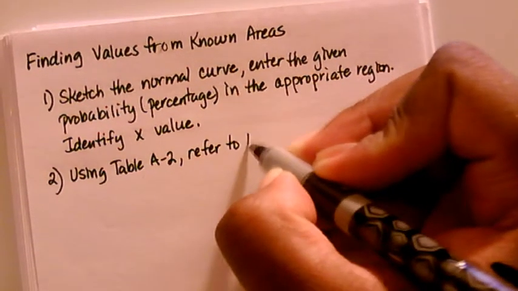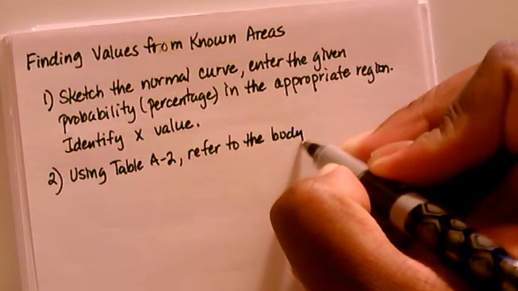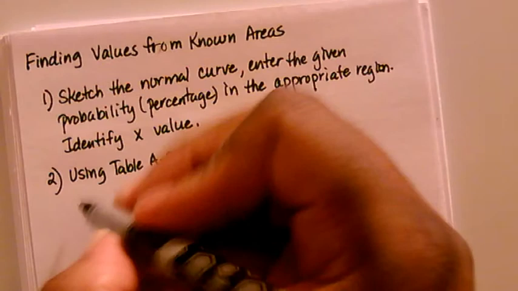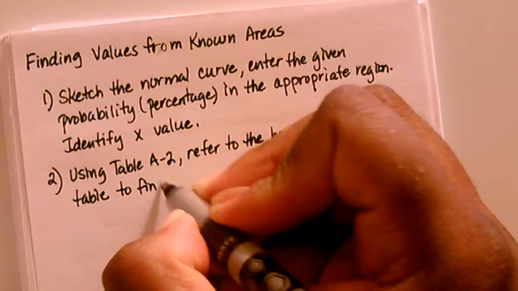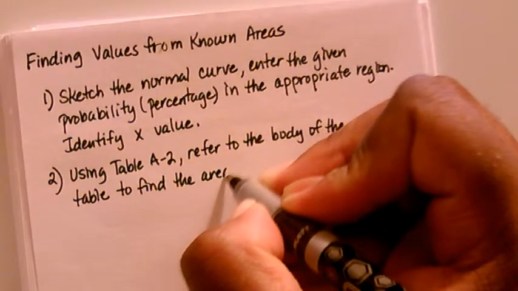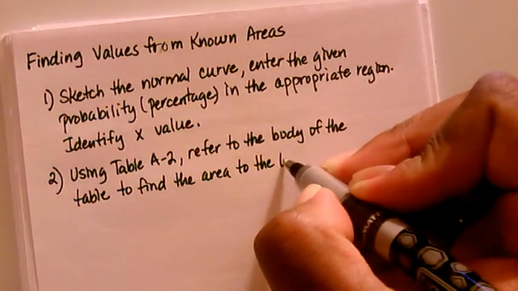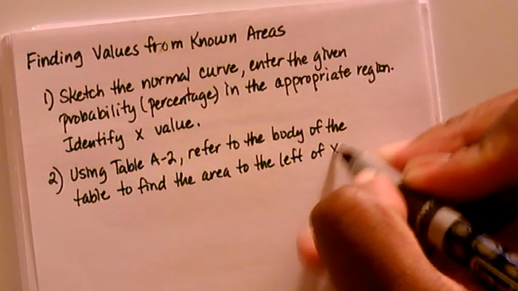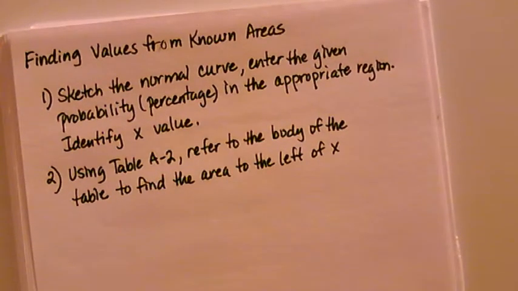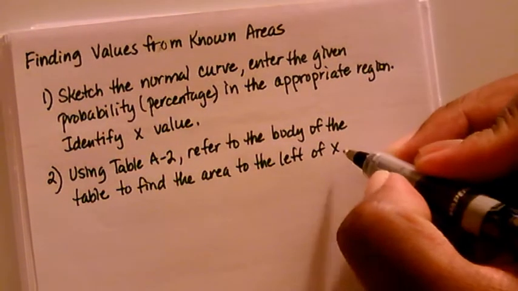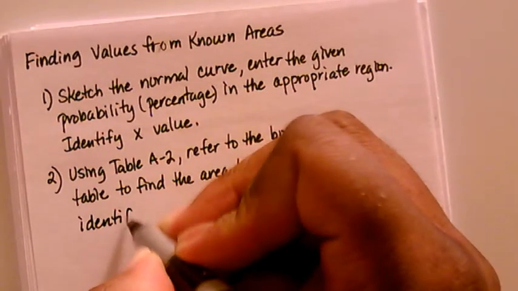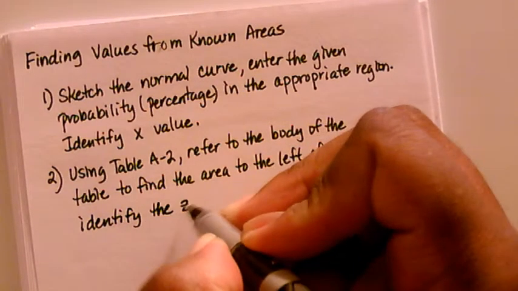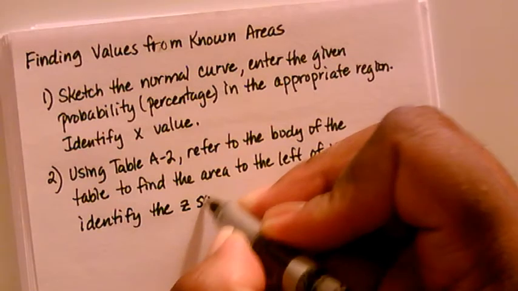You're going to refer to the body of the table to find the area to the left of x, because that table gives you the cumulative area to the left of x. So you want to make sure you find that. And then you will identify the z-score.